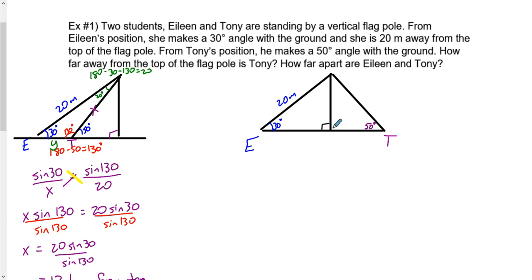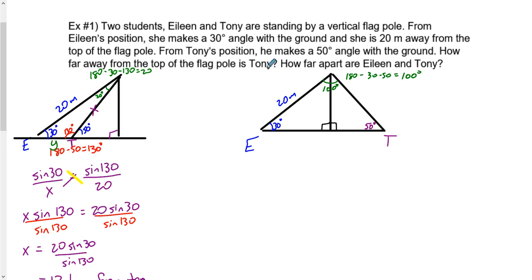Flagpole is vertical. We know that that's going to be 90 and 90. We have a large triangle here. Calculating that top angle would just be taking 180, subtracting 30, and subtracting 50, making it 100 degrees. And then we can keep on going.